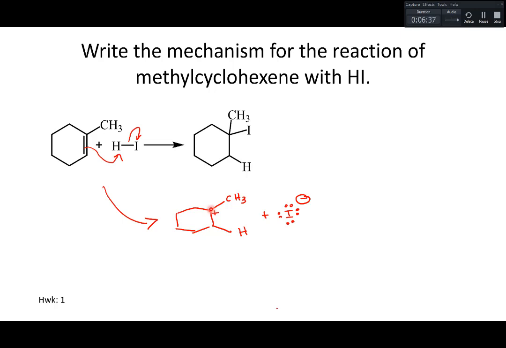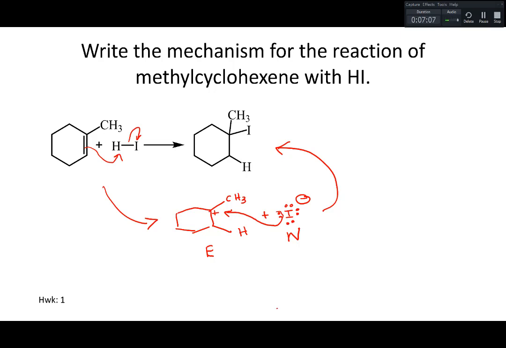So that instability caused it to react quickly with the iodide, and this iodide is the nucleophile now, and the carbocation is now the electrophile. You could take any of these electrons and do that. And then when you do that, that's what gives us our product. So that's how you go about drawing the mechanism for one of these reactions.